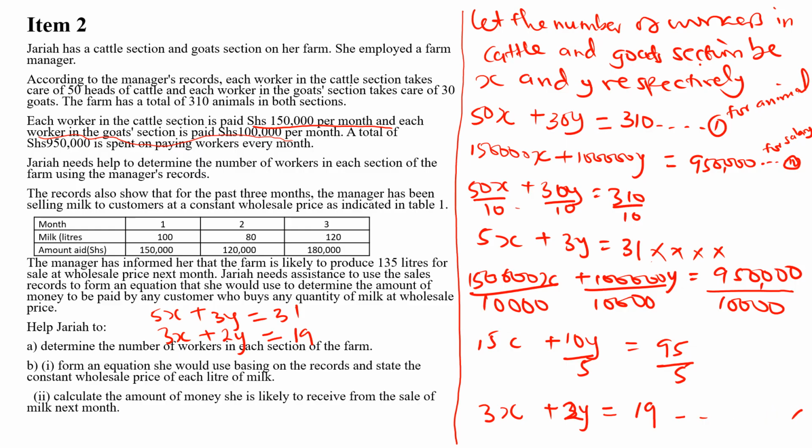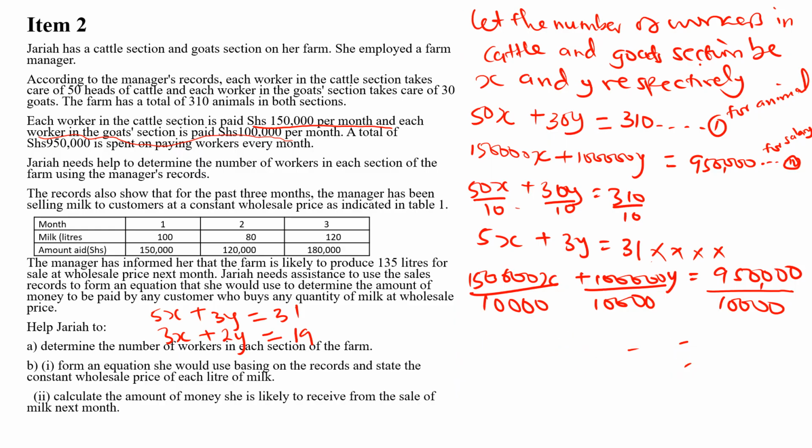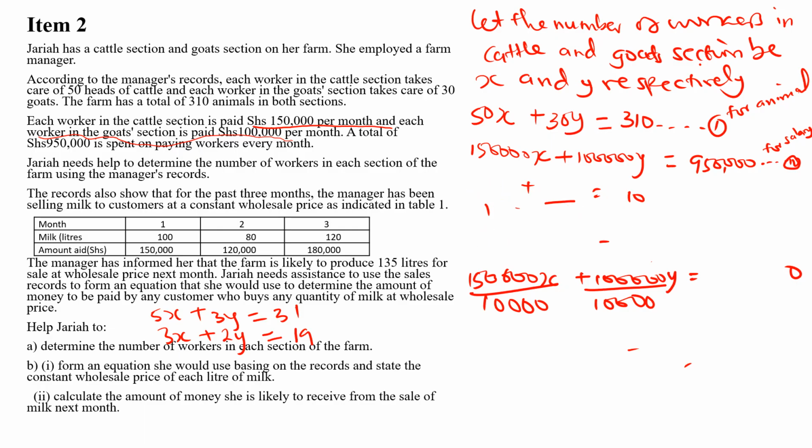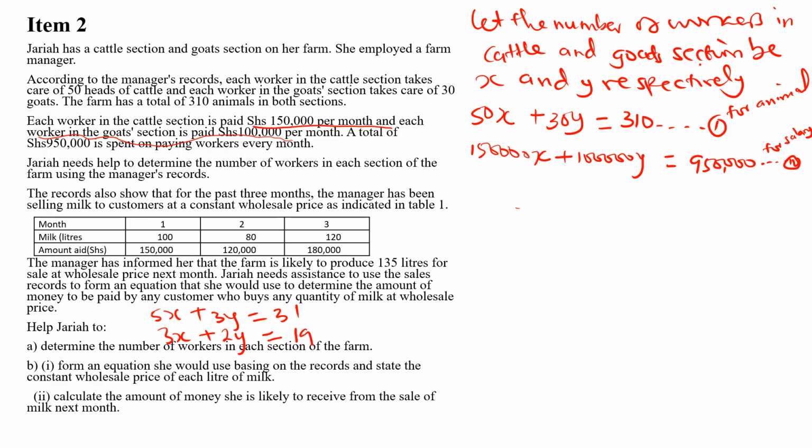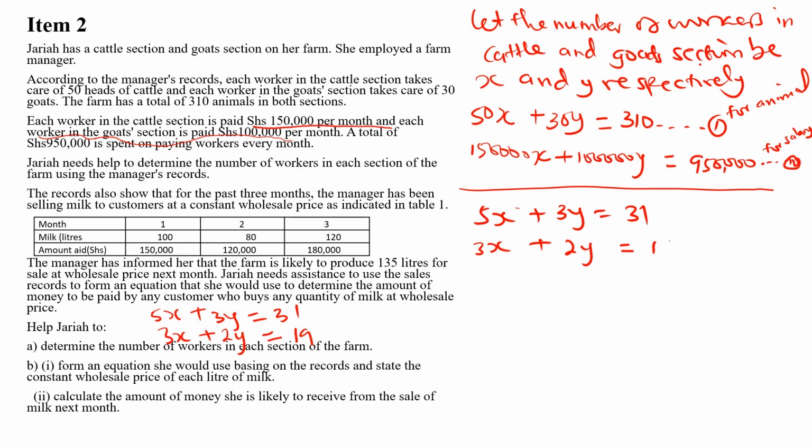So now my simplified equations are: 5x plus 3y is equal to 31, and 3x plus 2y is equal to 19.